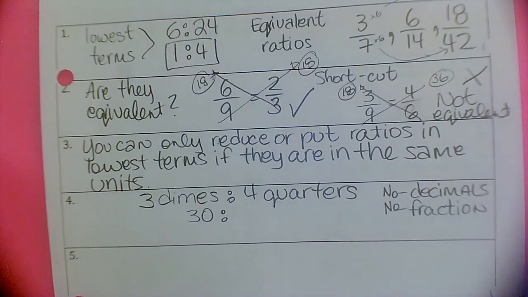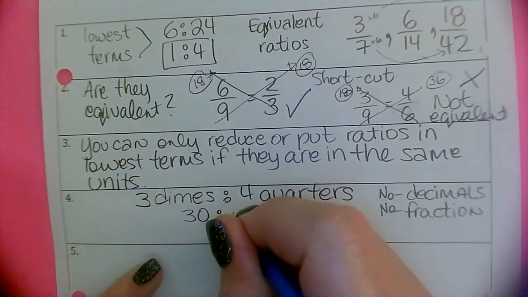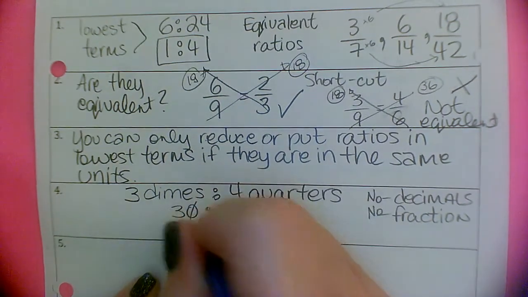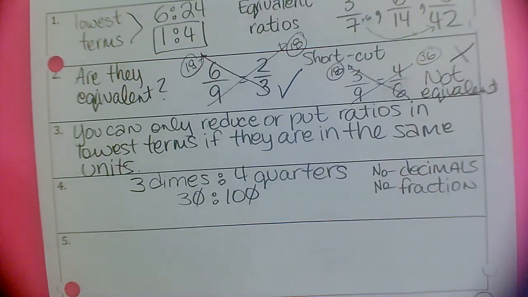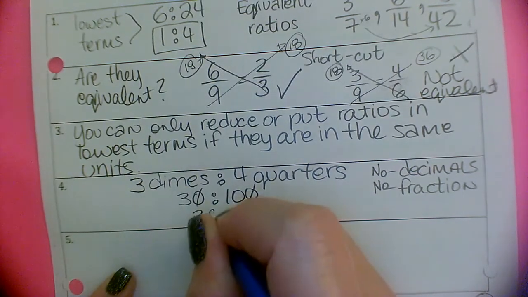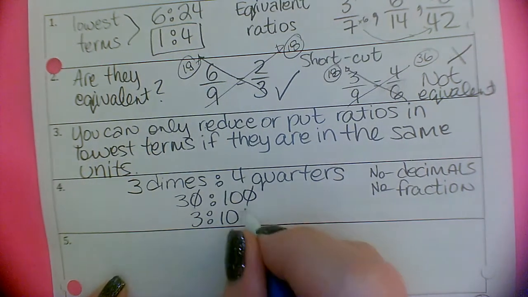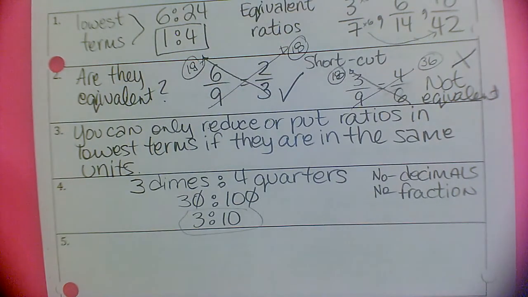Find something that they both work to. 4 quarters is a dollar, so it's 100 cents. 30 to 100. Since each of them has a 0, I can cancel one 0 on both of them. I'm now down to 3 to 10. Is that the lowest I can go? Yeah, because 3 is prime.